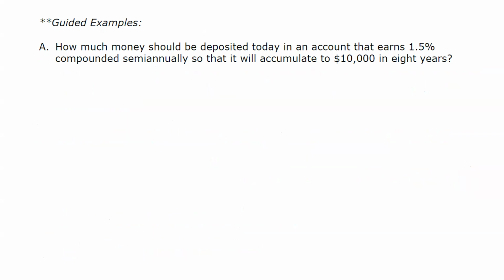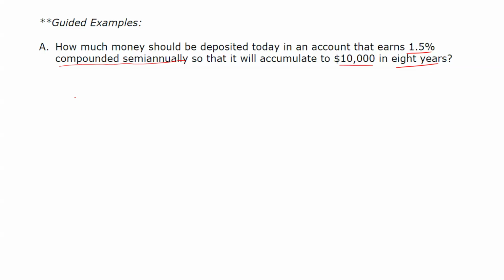So in our first guided example, it's asking how much money should be deposited in an account that earns 1.5% compounded semi-annually so that it will accumulate to $10,000 in 8 years.